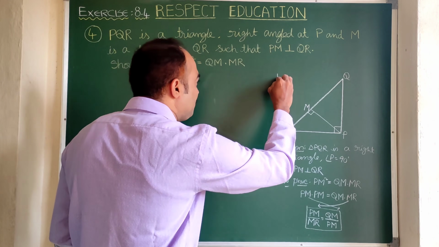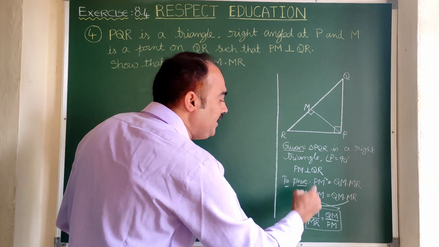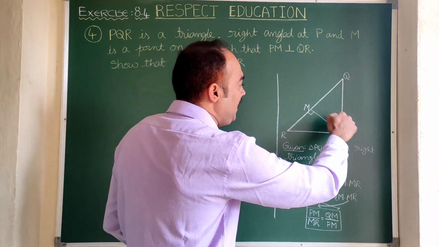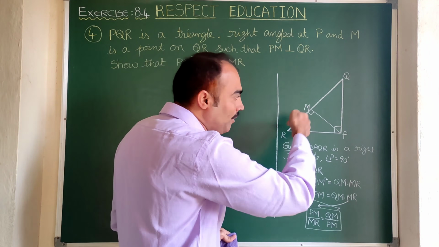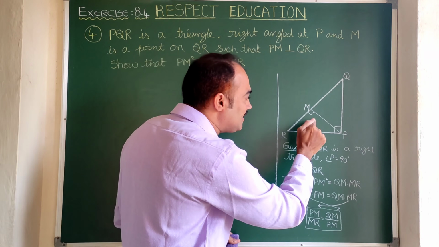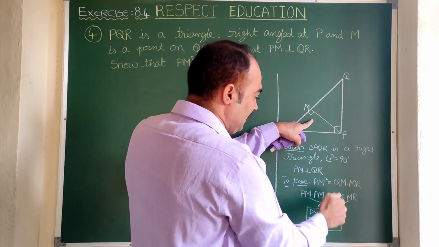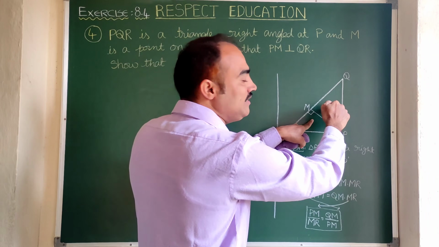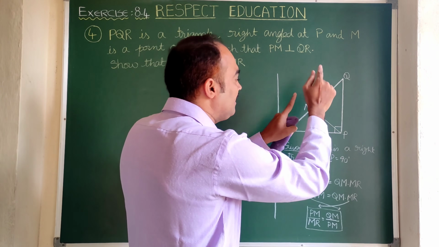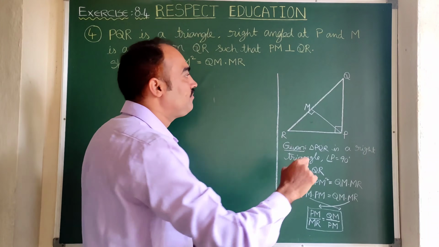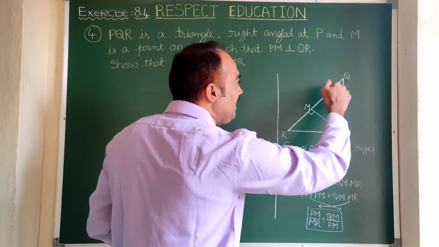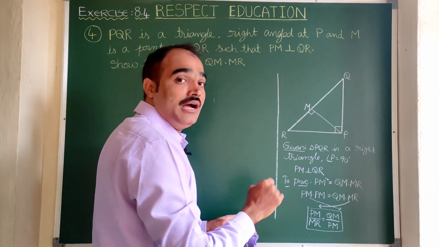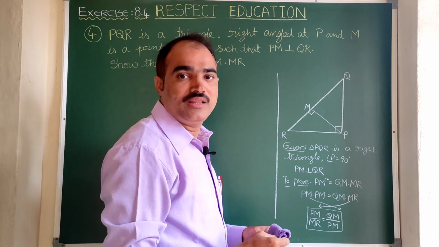Now here observe what we need to prove. PM by MR, so these two are the sides of this triangle. This side QM by PM, these are the sides of this triangle. Clear? So here you just imagine PQR as father triangle.